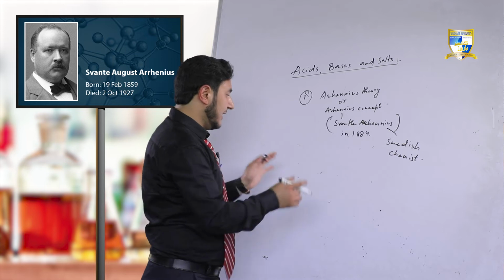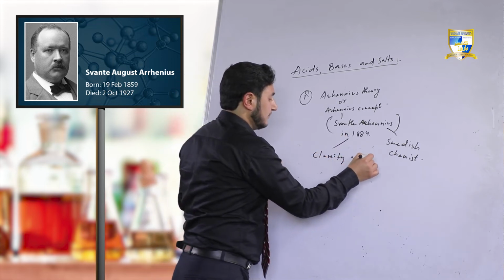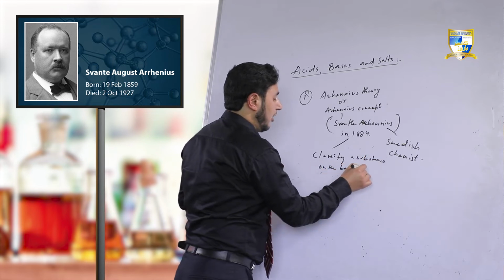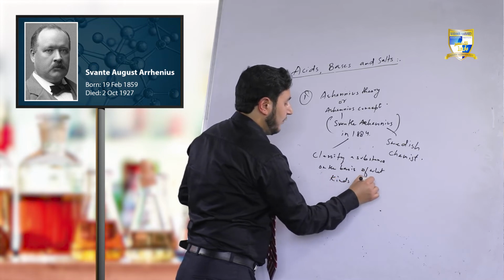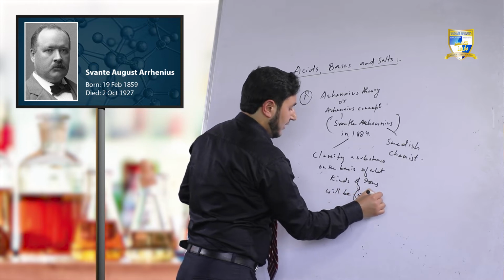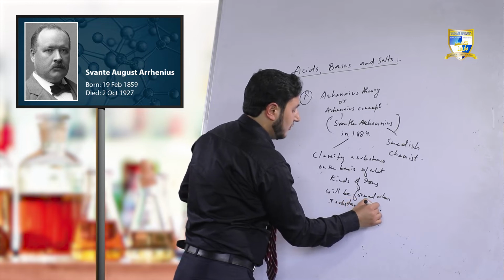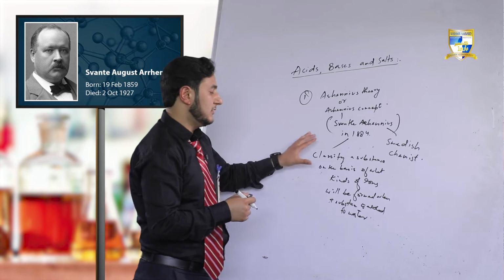What did he say? He said, I would classify a substance on the basis of what kind of ions will be formed when a substance is added to water. This was only the base, this is not a concept.